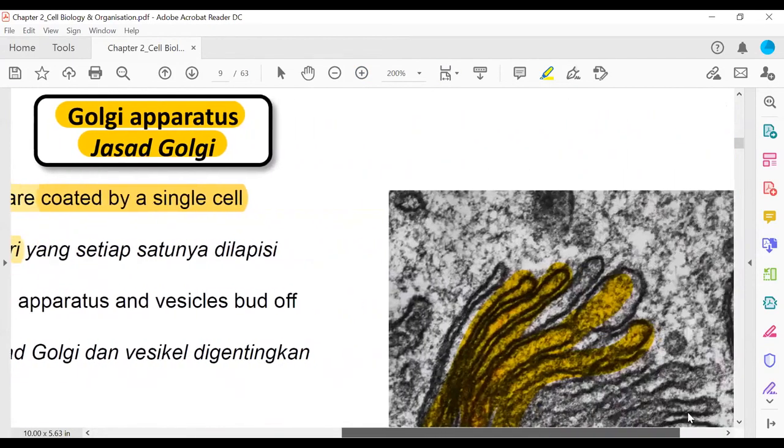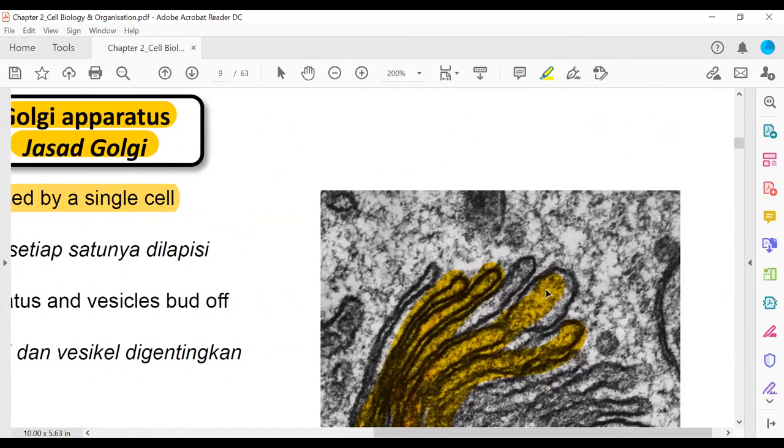Dia punya ketebalan, membrane ini setebal satu lapisan saja. Bukan macam mitokondrial tadi, dia ada berapa lapisan membrane? Dia ada 2.